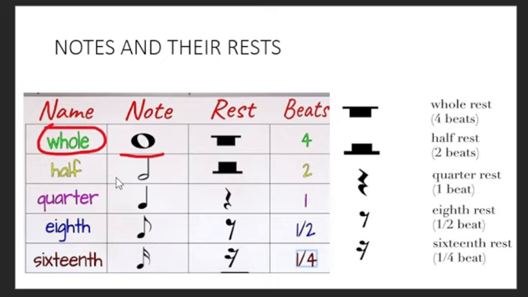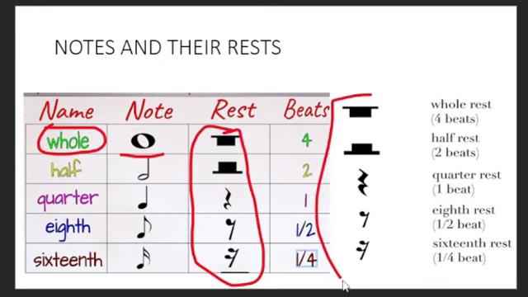As we say semibreve, minim, crochet, quaver, then semiquaver. So these are the rests of these notes, so you can check them. Here I've also added some information so that you can understand. We say the whole rest. They have the same duration.